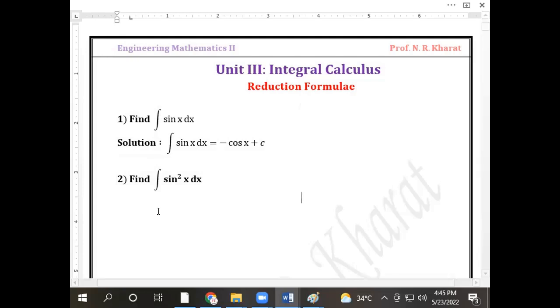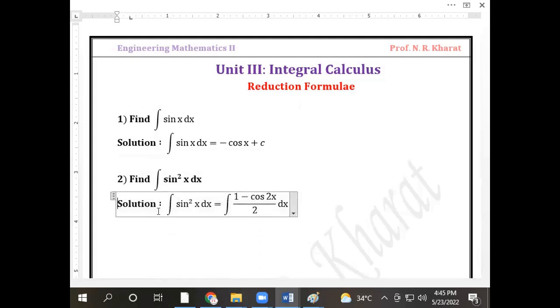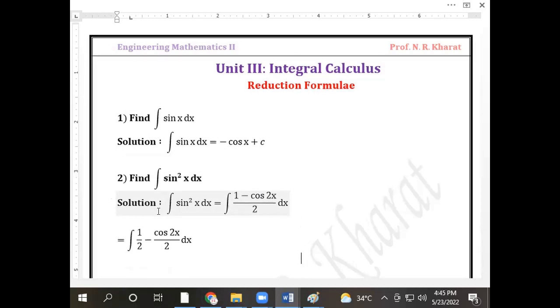We can find it by converting sin square x in terms of (1 minus cos 2x) upon 2, the formula of sin square x, and separating the terms, that is 1 by 2 and minus cos 2x upon 2, and finding the integration.